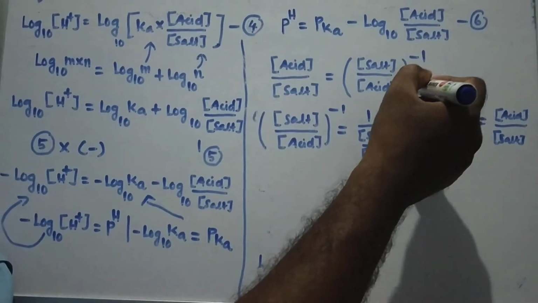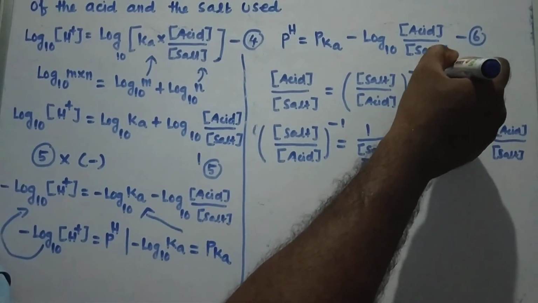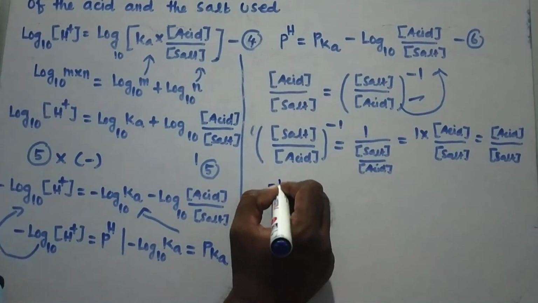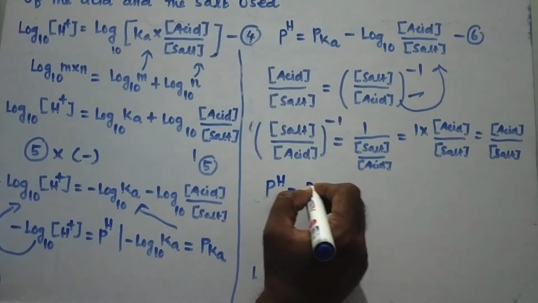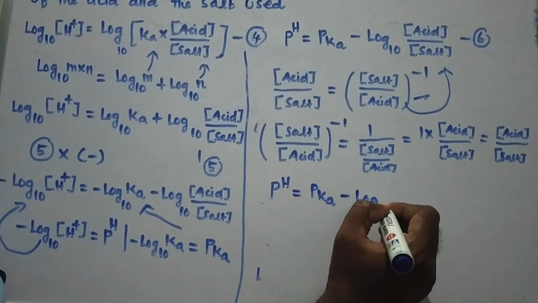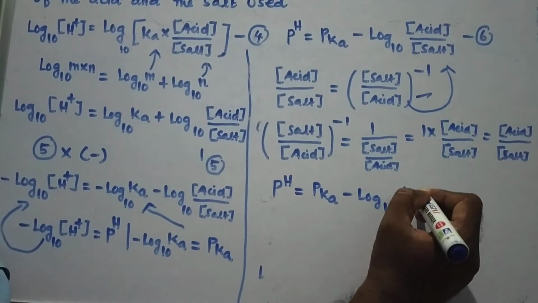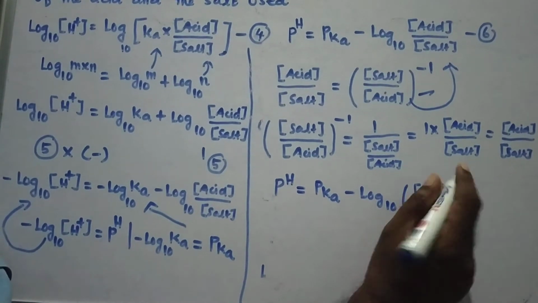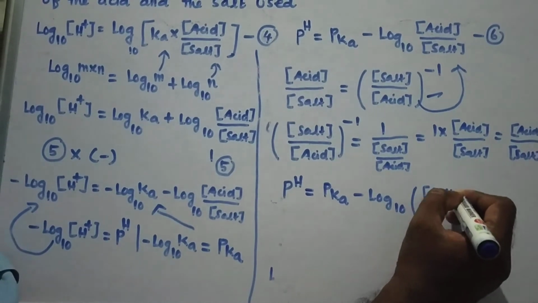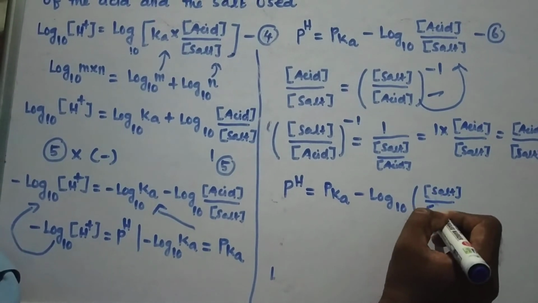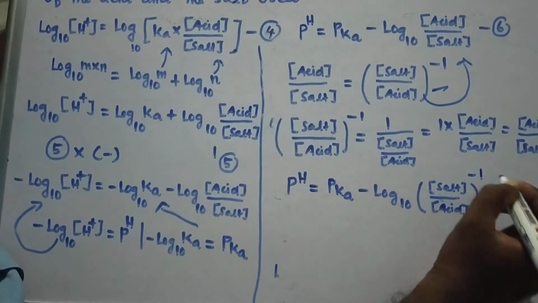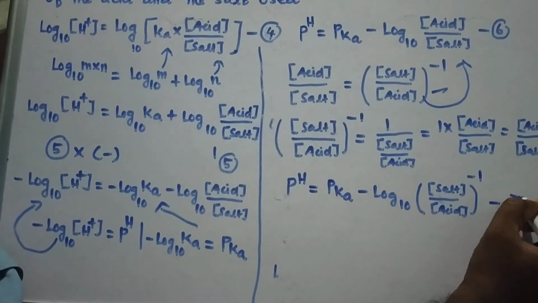So substitute this value in equation number 6, then it becomes pH is equal to pKa minus log base 10 bracket concentration of the salt divided by the concentration of the acid whole power minus 1. Okay, this is equation number 7.